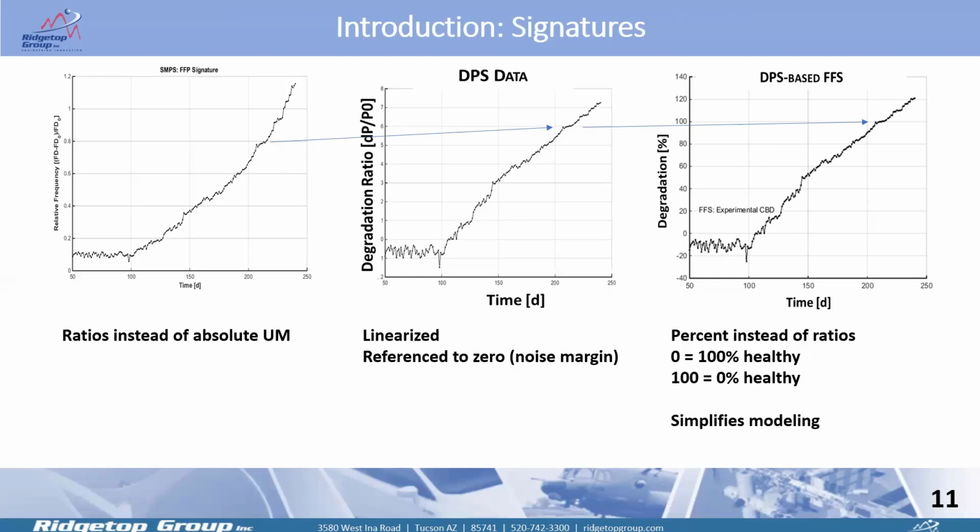Okay? We then take the DPS, which is linearized, and we convert that into a ratio. The degradation progression signature is a ratio. We then convert that into percentage. And that's what we feed into the second stage of our ARULE, that data on the right-hand side.